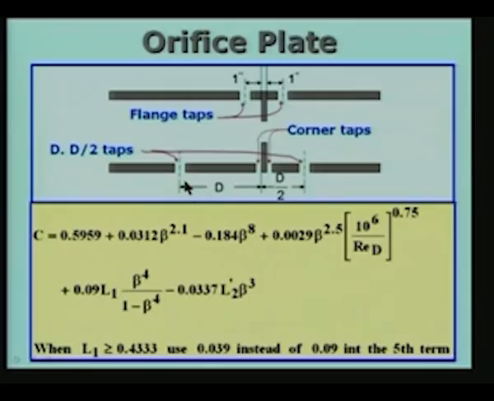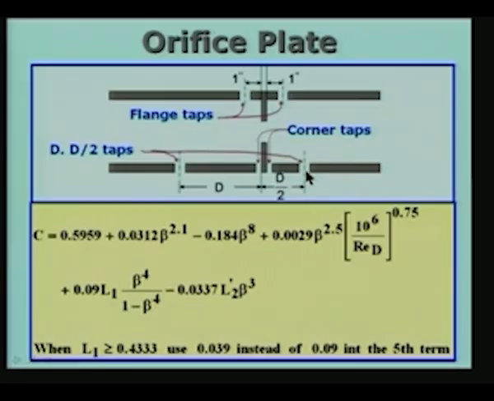If you do not want to use a manometer because it is not convenient or it is not possible to use because the pressure difference is too small, then you can use two pressure transducers or one differential pressure transducer, and this tap will be communicating to one side of the differential pressure transducer, and this tap will correspondingly go to the other side. And in fact, we have already looked at the differential pressure transducers earlier on.